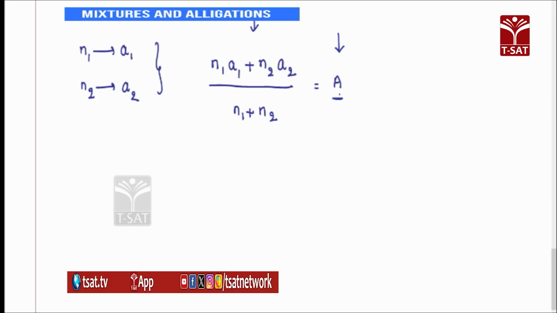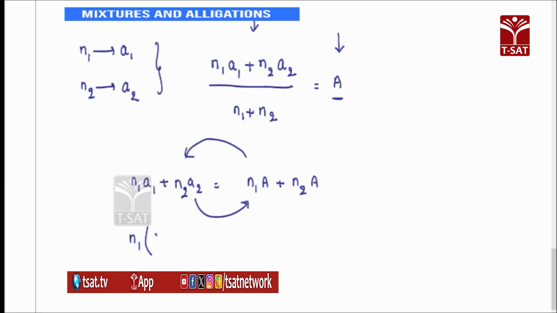If you wish to find out the combined average, it will always be N1 A1 plus N2 A2 by N1 plus N2. How do I explore this formula further? N1 A1 plus N2 A2, cross multiply N1 plus N2 and send it that side. It becomes N1 into capital A plus N2 into capital A. Further, bring N1 here and N2 that side.